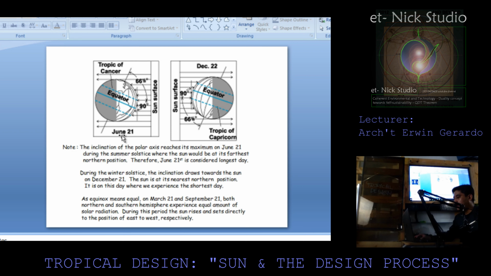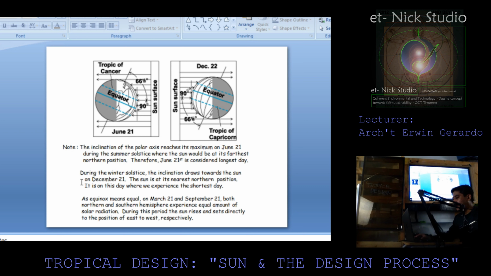So June 21, while during December 22, as you could see here, this is considered to be the sun's surface, which is found along the western region, if this is considered to be your north, south. Now the cold side here is at this eastern corner of our planet, which is actually considered to be the Tropic of Capricorn.